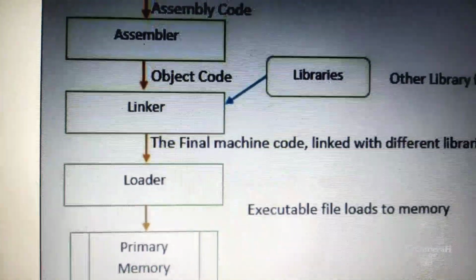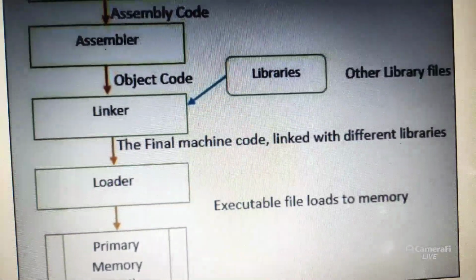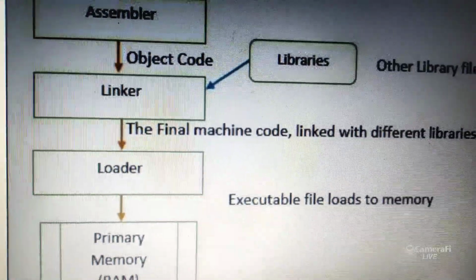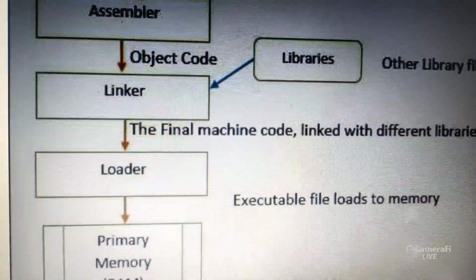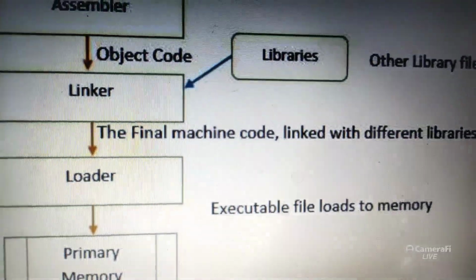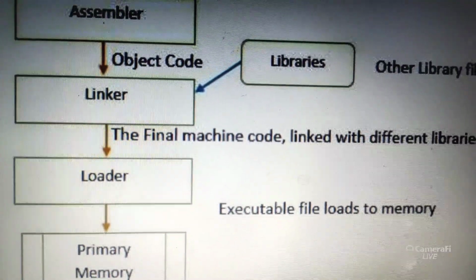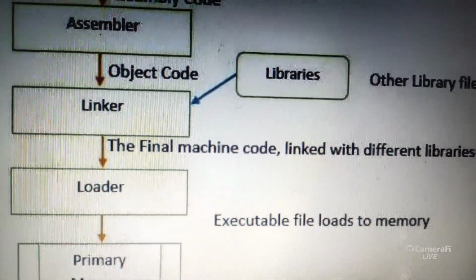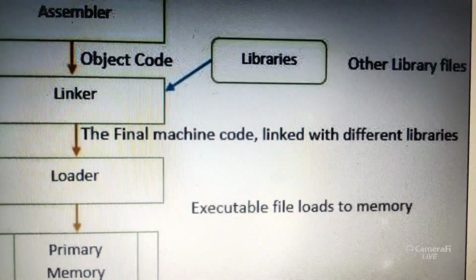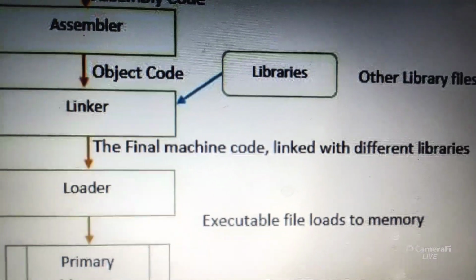Next, whatever library functions you use, like printf or any other C functions, will be linked to the object code by the linker. Then the final zeros and ones code is prepared for the computer to perform. For example, the hello world program is converted into the full zeros and ones code, called the final machine code, by linking the libraries.